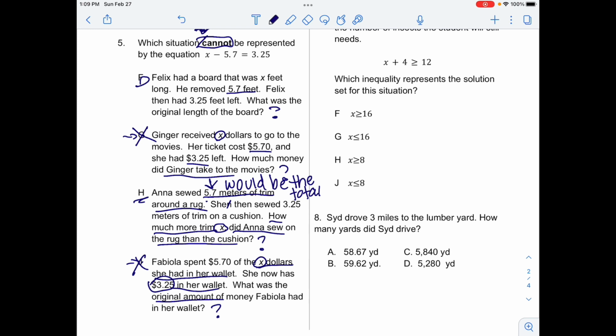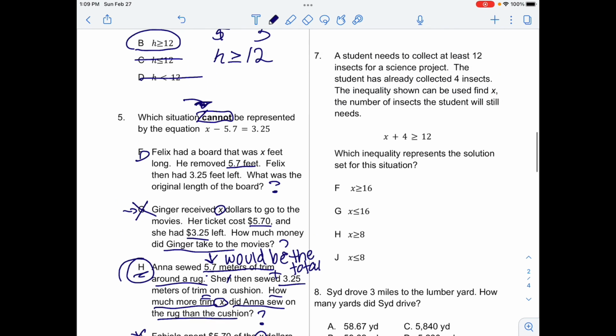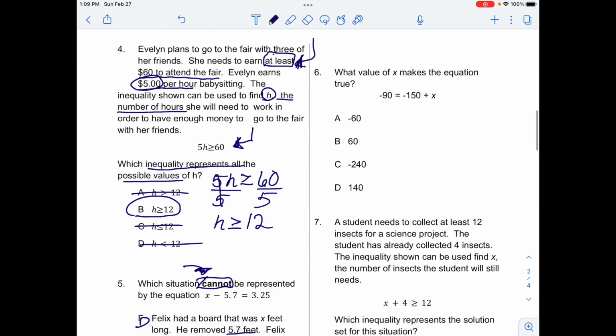And then she sewed 3 and 25/100 around the cushion. And then it asks how much more trim X did she sew on the rug. So this is indicating that you're adding these together to equal X. So this would not represent the situation. So this is your correct answer. Good job, Rams. All right, number 6.